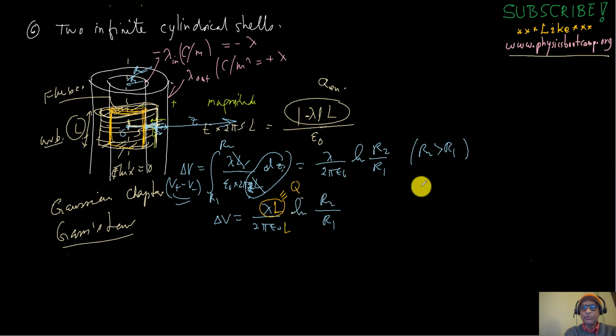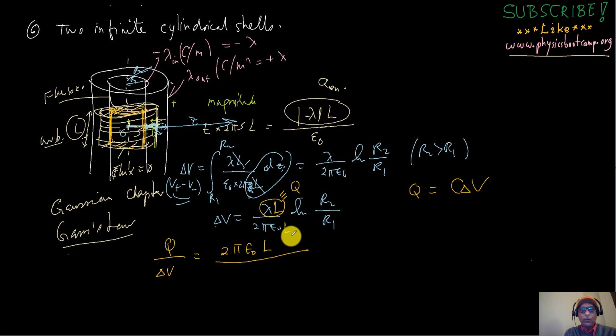And we are looking at Q equals C V, so C delta V. We're looking for Q over delta V, and then what you get is, you send this to the other side, 2 pi epsilon naught L over log R2 over R1, right? I think I did it correctly.